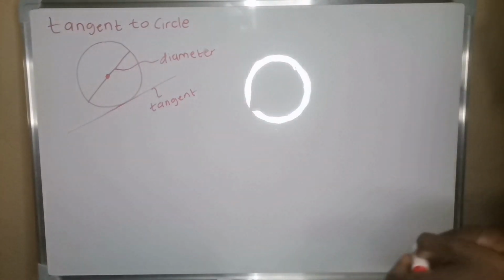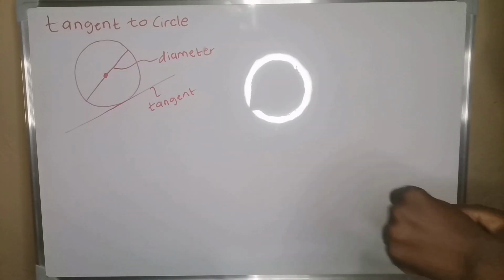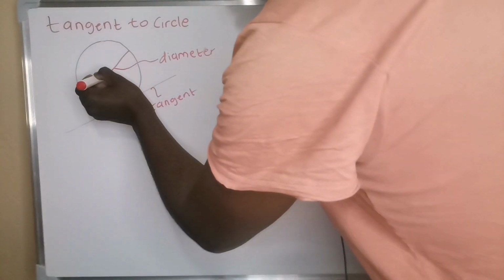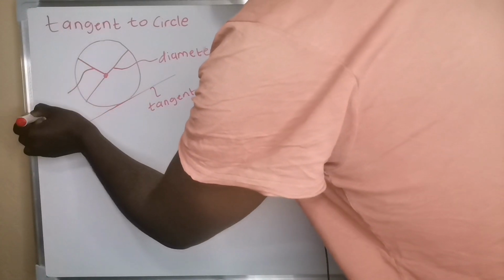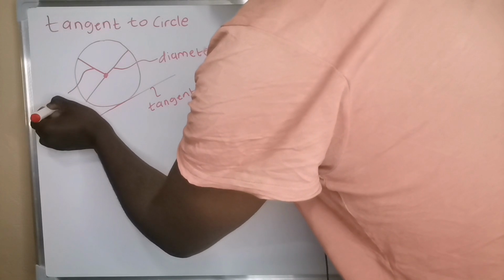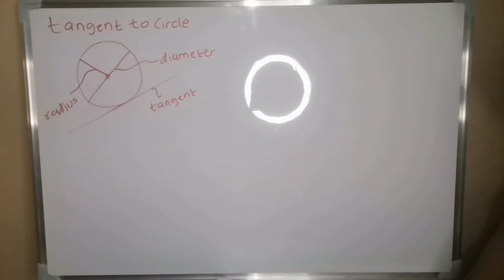Half of the diameter, a line from the center to the circumference, is our radius.